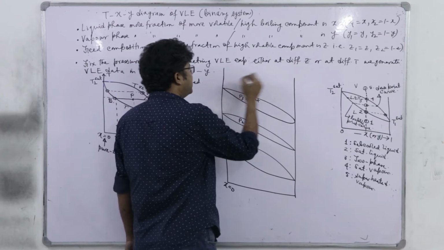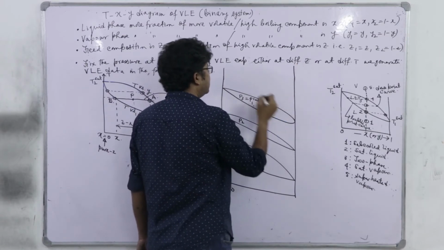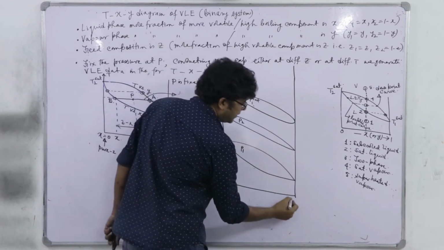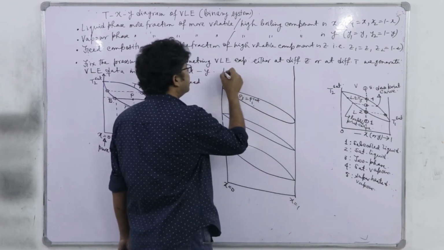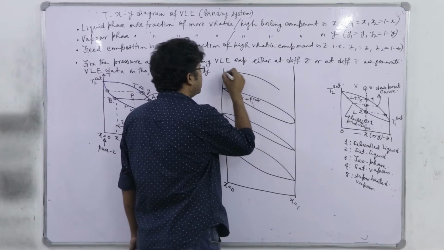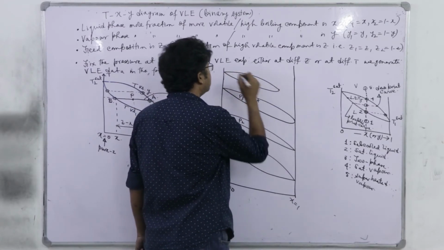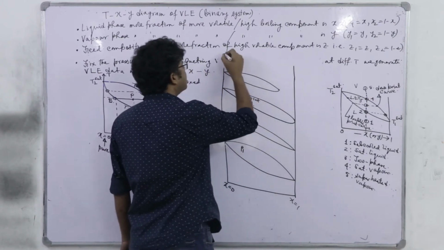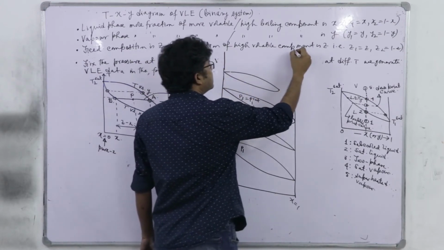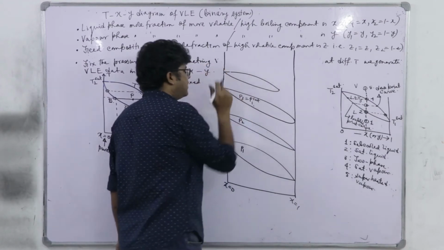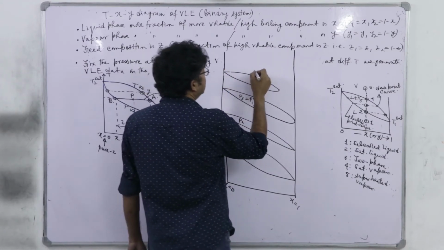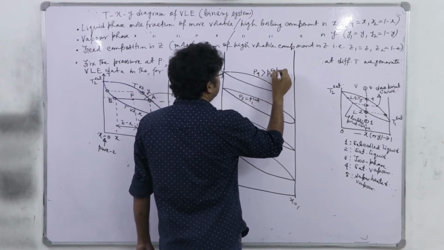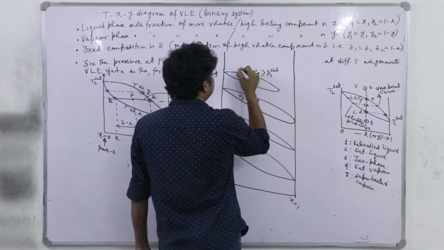Now further, if we increase the pressure, this point will separate out from x equal to 1. But still this side is attached. So here P4 is greater than P1 sat, but less than P2 sat.